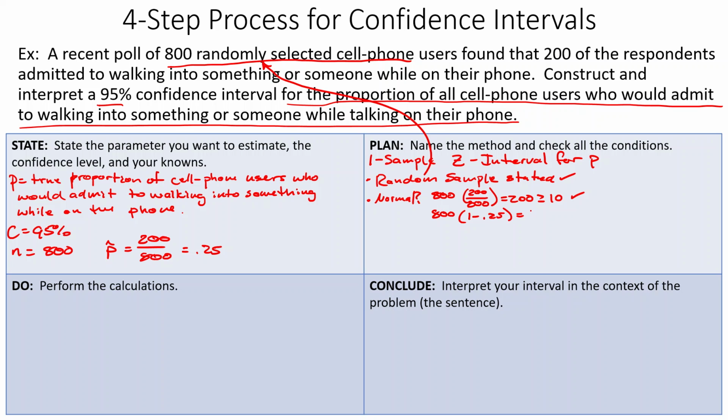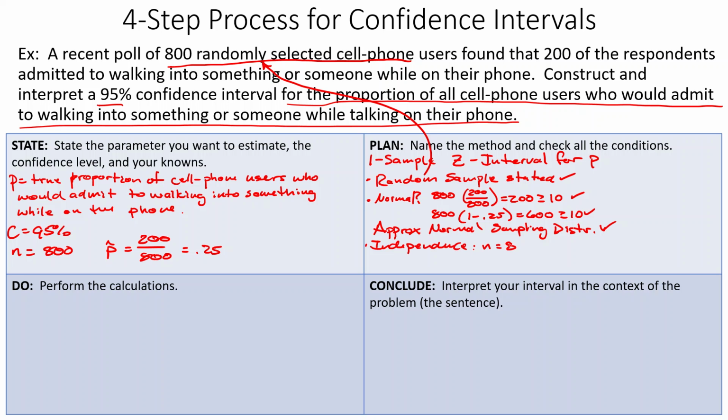So 800 minus 200 is 600, also greater than or equal to 10. So we have our approximately normal sampling distribution. I get that this is long, it's okay. The good news is if these problems are long, I can't give you a ton of them to do for homework.